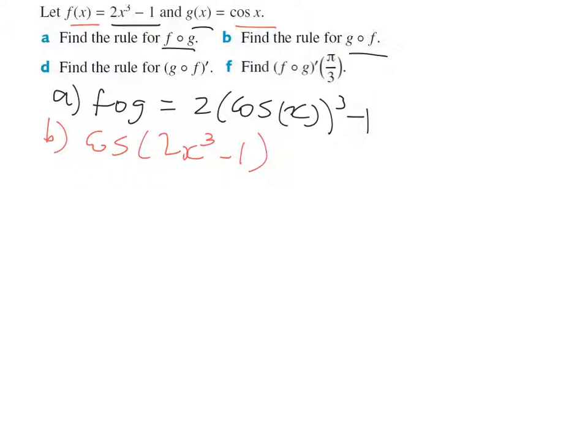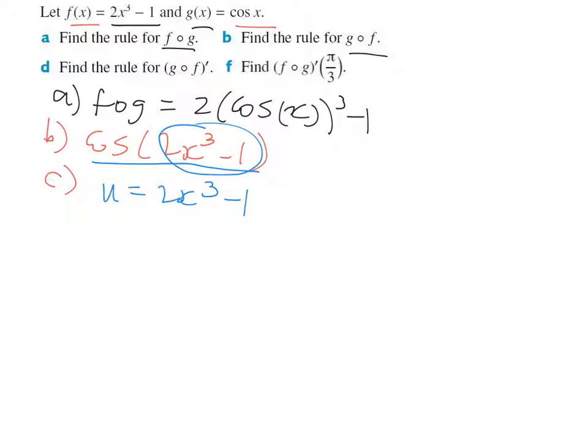Now, in part C, we're asked to find a derivative of this thing here. So what we do is replace this part here, 2x cubed minus 1, with u. So we're going to say u equals 2x cubed minus 1.